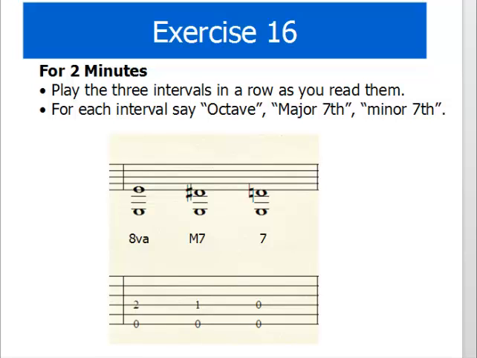Now we're going to bring the octave down to D sharp. And we say major 7th. And here we go to this, what would be a 7th chord, we say minor 7th. There should be a little M next to that 7 there.